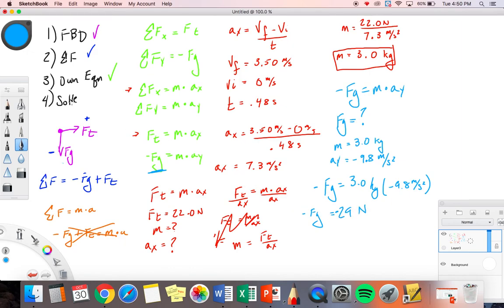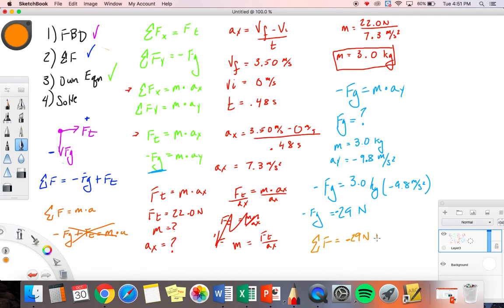So now let's take it a step forward. The only other thing is that let's now solve for the entire net force of my problem. So to do that, I need to say that the net force is equal to, and I'm going to go back to the way it was originally, net force is negative force of gravity plus force of tension. So my negative force of gravity is equal to negative 29 newtons, and my force of tension is this 22.